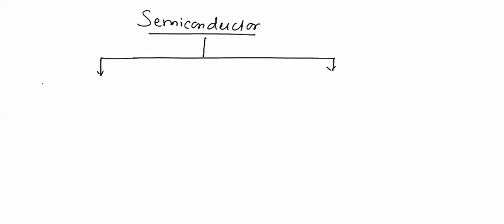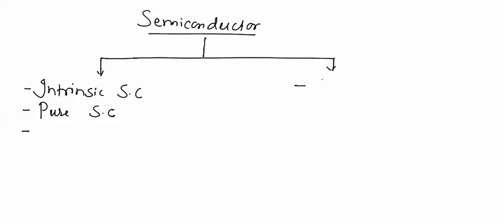One is intrinsic semiconductor. An intrinsic semiconductor is also called pure semiconductor. Pure semiconductor means in this semiconductor only the semiconductor atoms are present, that is there are no other atoms added to this material.